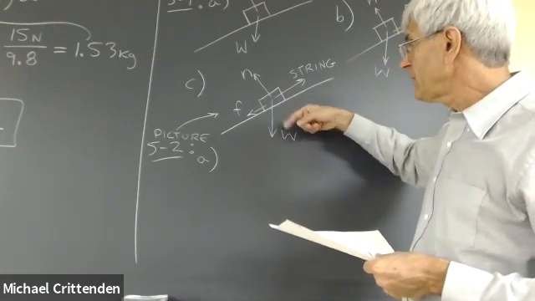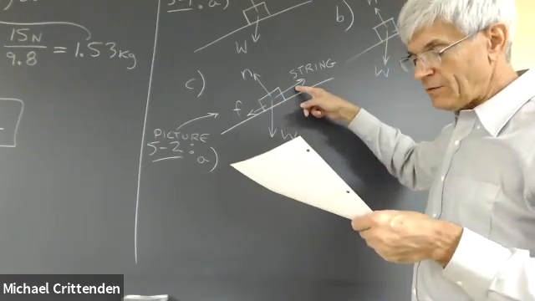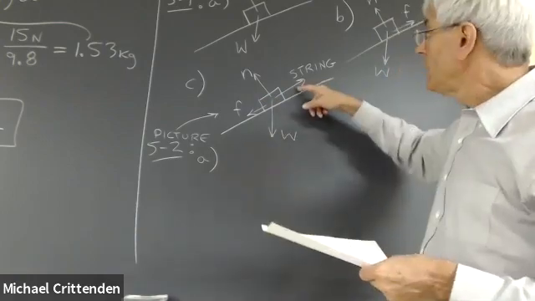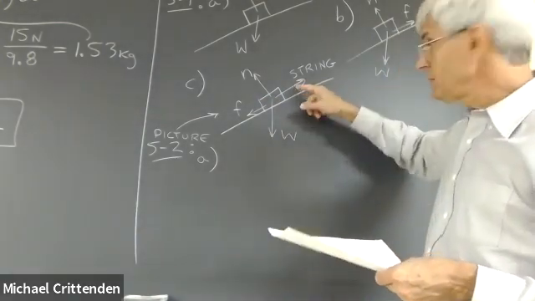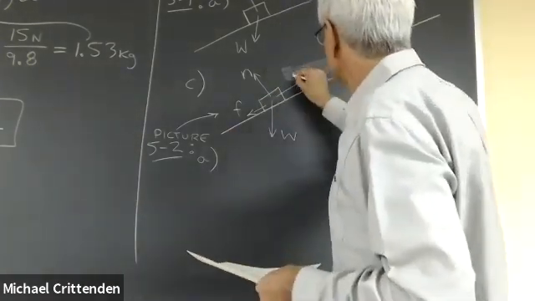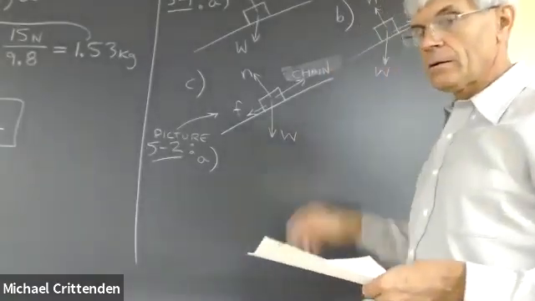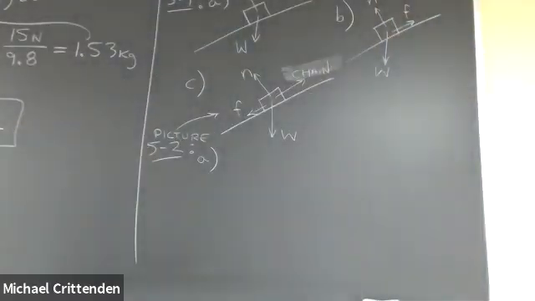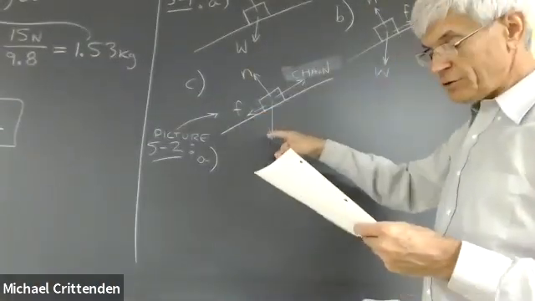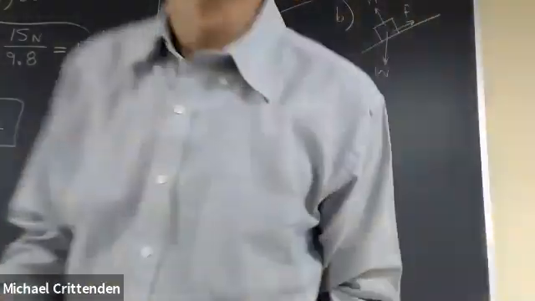The W sine of theta component. The cord has to pull against both of those, or I guess it's a chain. The chain has to, you know what, why don't I just change that so it says chain. Chain has to pull against not only friction, but the x component of the weight also.